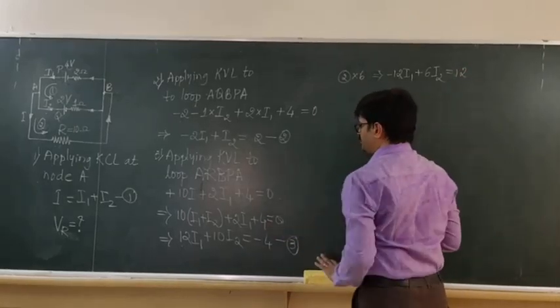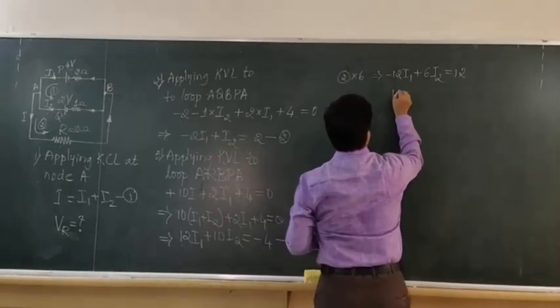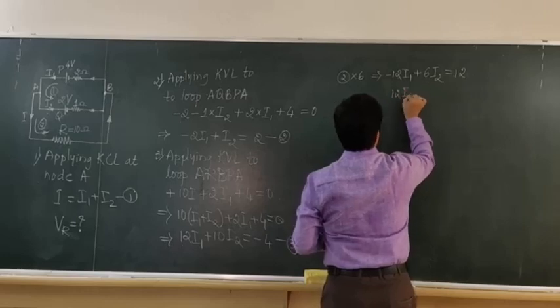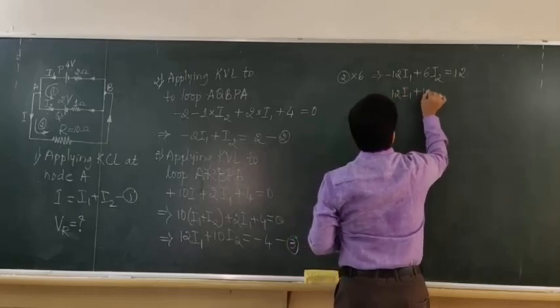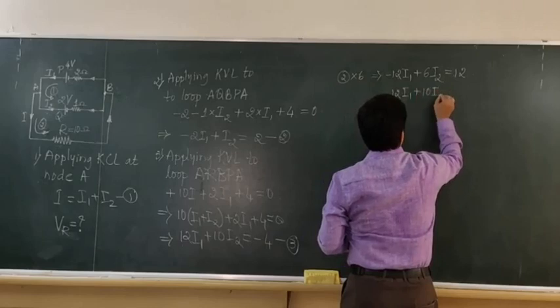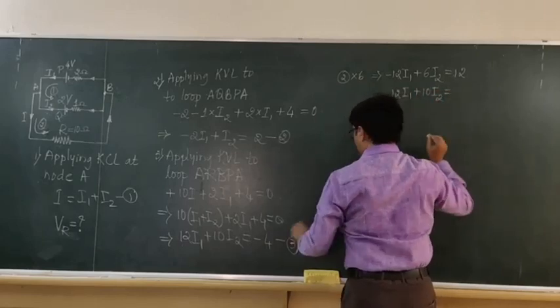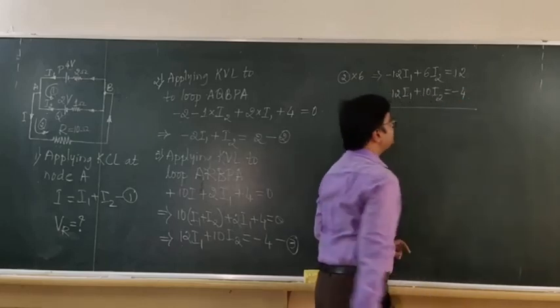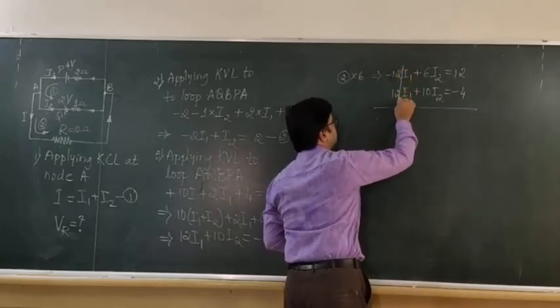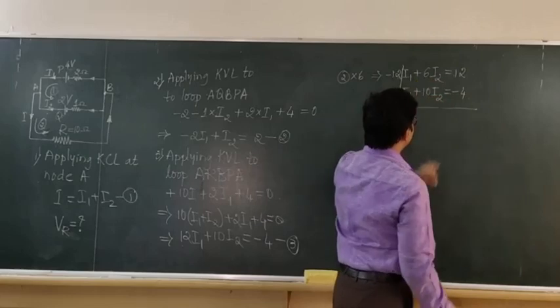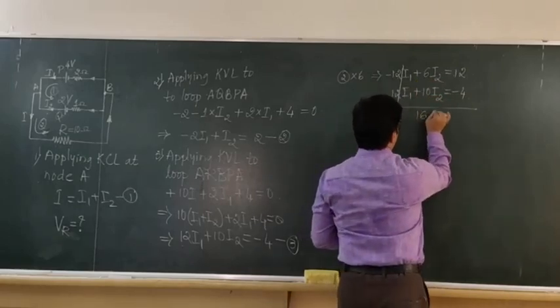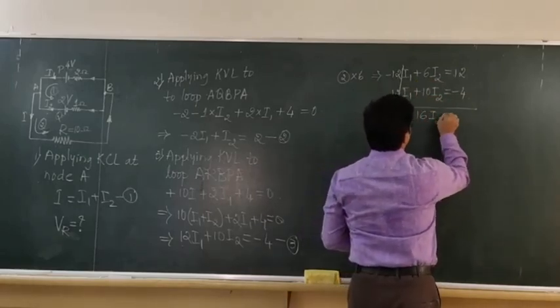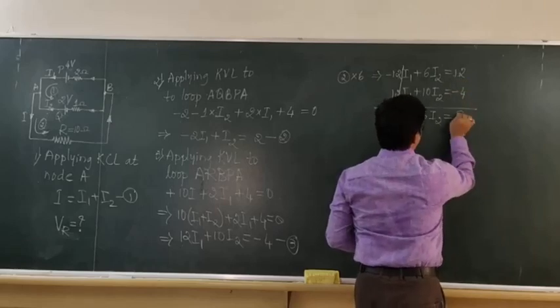Then equation 3 I will write as 12I1 plus 10I2 is equal to minus 4. If you add these two equations, 12I1 will cancel out, 10 plus 6 gives 16I2 is equal to 12 minus 4, that is 8.